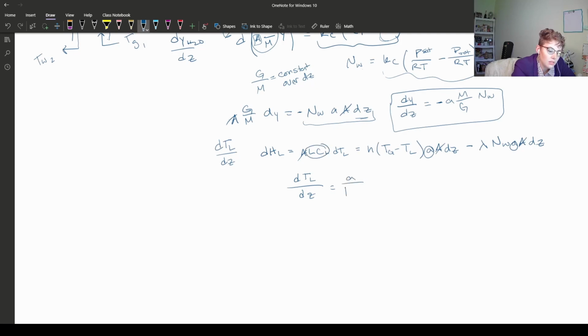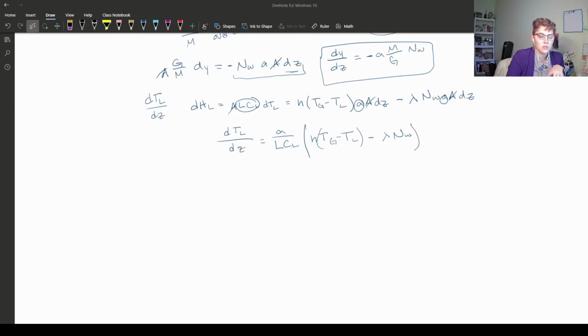So we will have this out front, and then our heat transfer section and our mass transfer section. And that gives us our second differential equation.